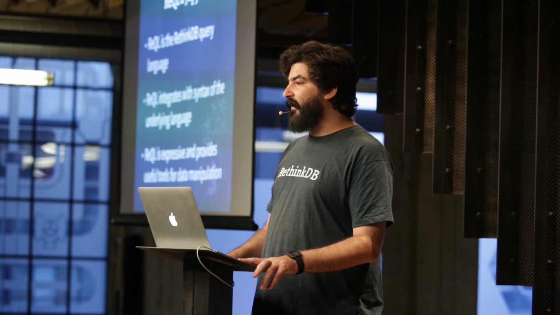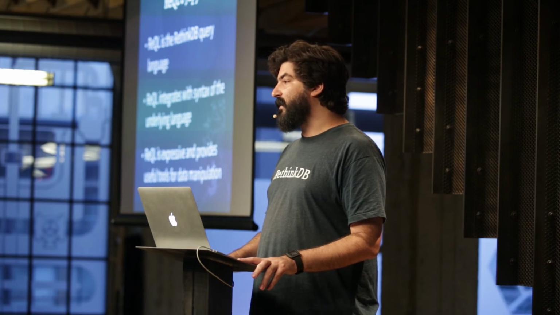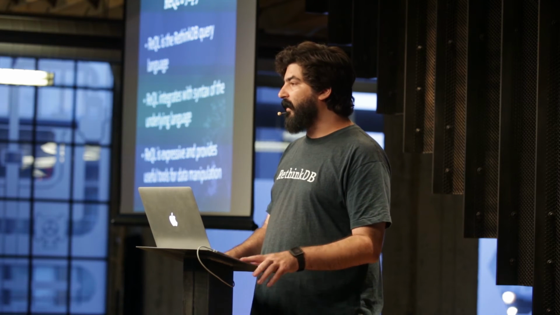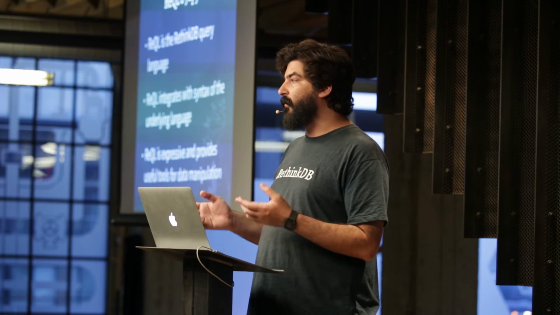So it feels very natural and very native in Jupyter. As I said earlier, ReQL is also very expressive. It provides useful tools for data manipulation. You can do a lot of data slicing and dicing with ReQL. And I find that there are some things that are easier with ReQL, there are some things that are easier with Python. And in a Jupyter notebook, you kind of get the best of both worlds. You can use them both together in a really seamless, interactive way.